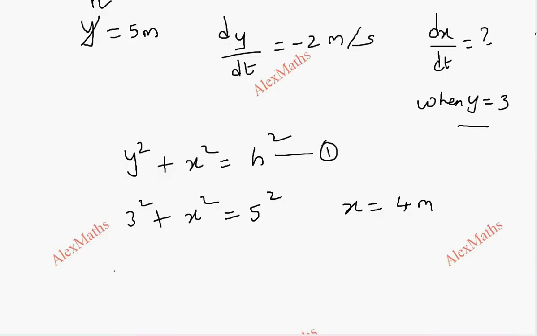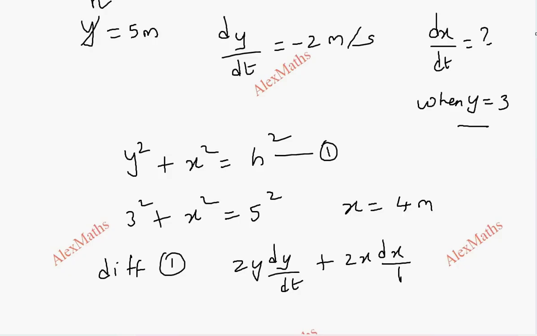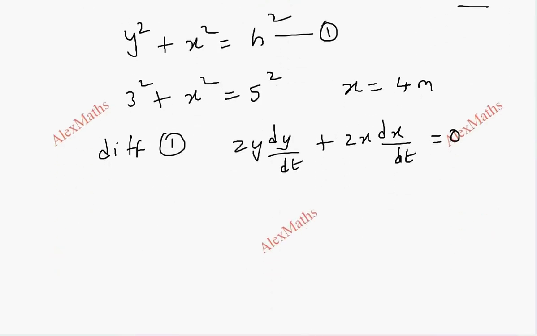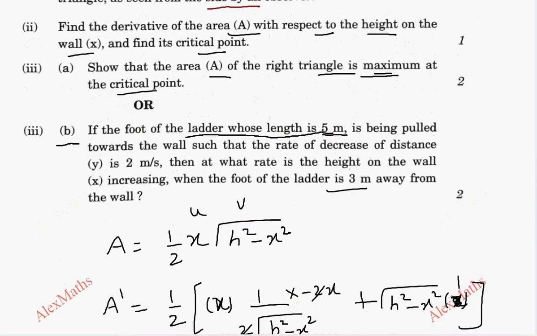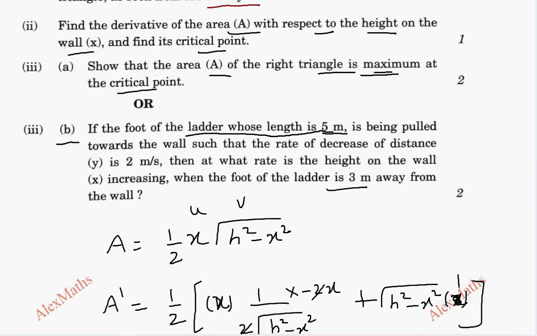Now we take this as a first step. We are going to differentiate. Differentiating, we get 2y dy by dt plus 2x dx by dt. H is constant, so it is 0. Anyway, h is 5, so even if I put 5 square, it is 0. Now 2 into the y value, which is given at the end of the question, when the foot of the ladder is 3 meter away from the wall.